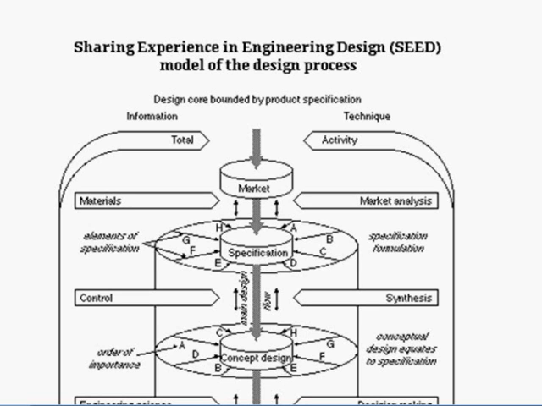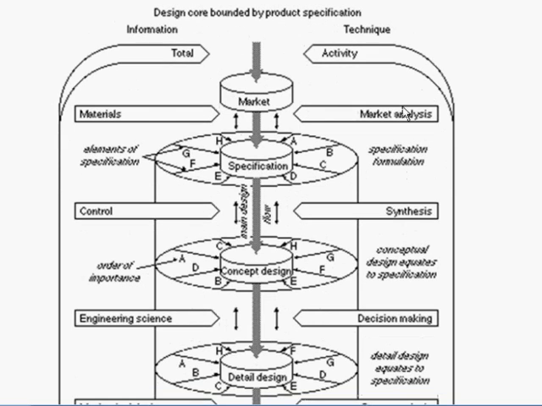So if we start, the first item here, in the middle, is the market. Now it's important to identify the market and establish if there's really a need for the design in the first place. I'll give you an example of this.